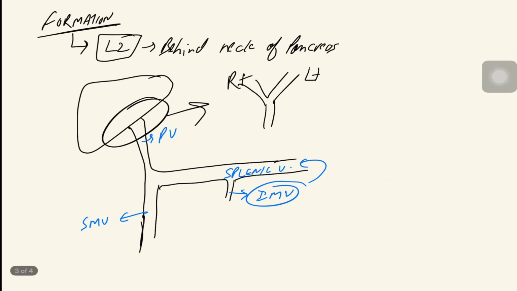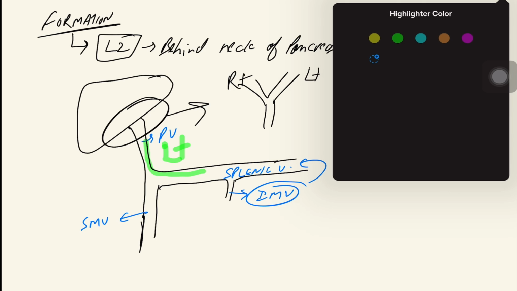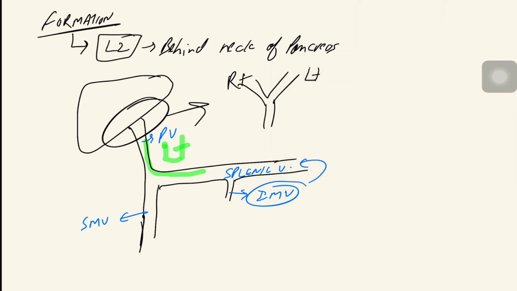Now you need to remember one thing, something about the bloodstream. The blood coming from the splenic vein travels from the left hand side, and the blood coming from the superior mesenteric vein travels from the right hand side.